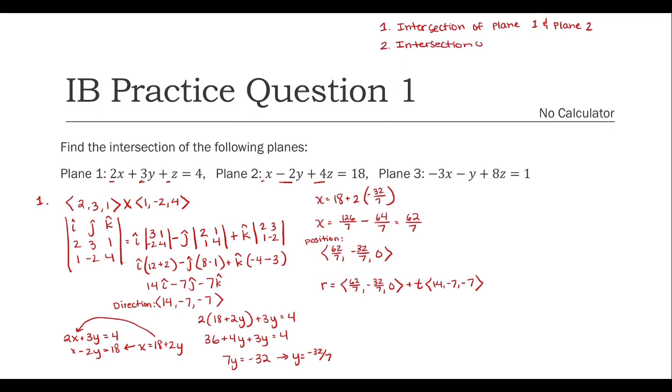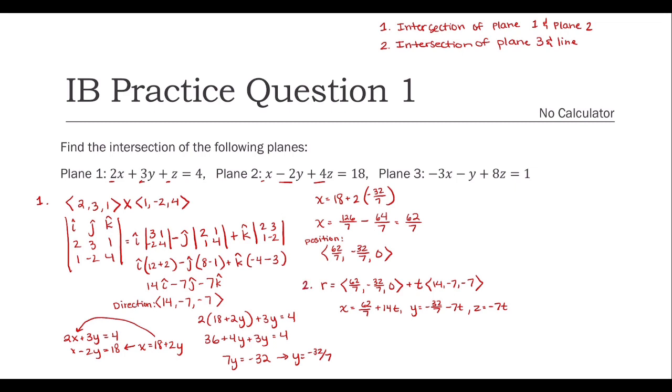So intersection of plane 3 and our line, we need to rewrite our line in parametric form. So x is going to equal our 62 over 7 plus 14t. Y will equal negative 32 over 7 minus 7t. And z will equal just a negative 7t.